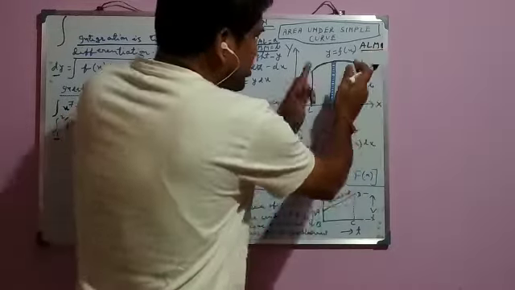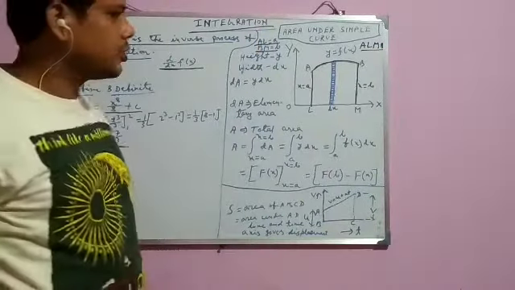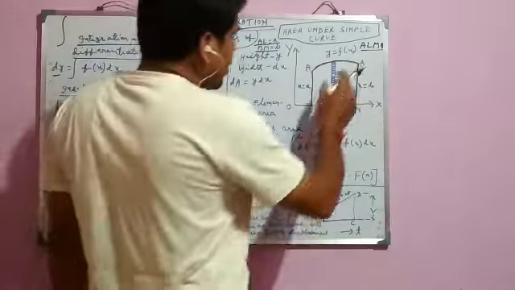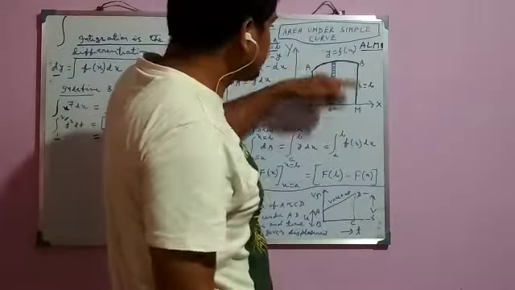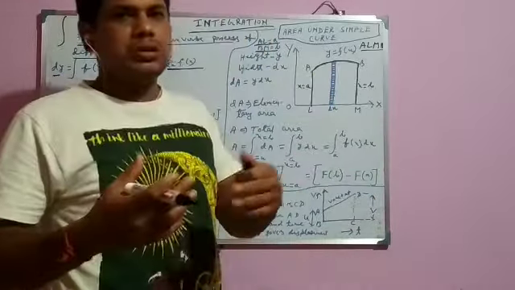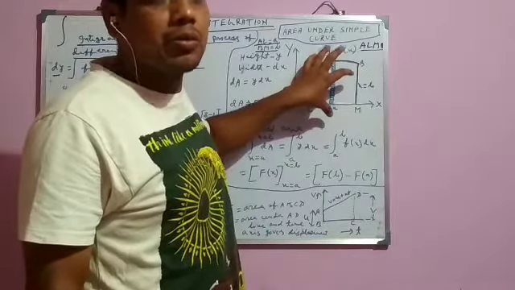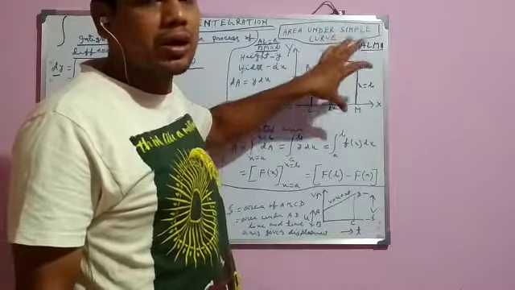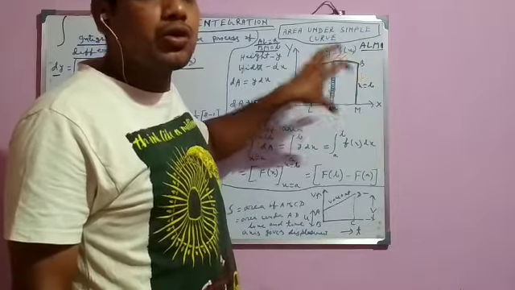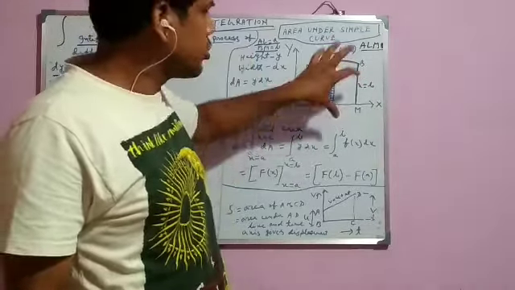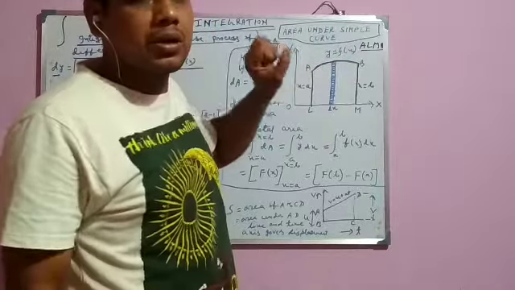So we have to find this area. Now how to find the area? Here it is not a well-known figure. We cannot apply the formula for the area of a rectangle or a square like this. So we have to do integration here, because it is not a proper, normal shape.